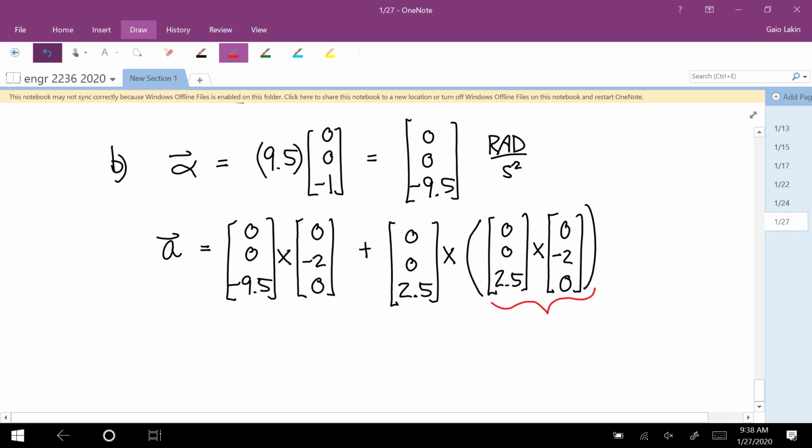This is actually what we did before. So if you cross those, you get 5, 0, 0.